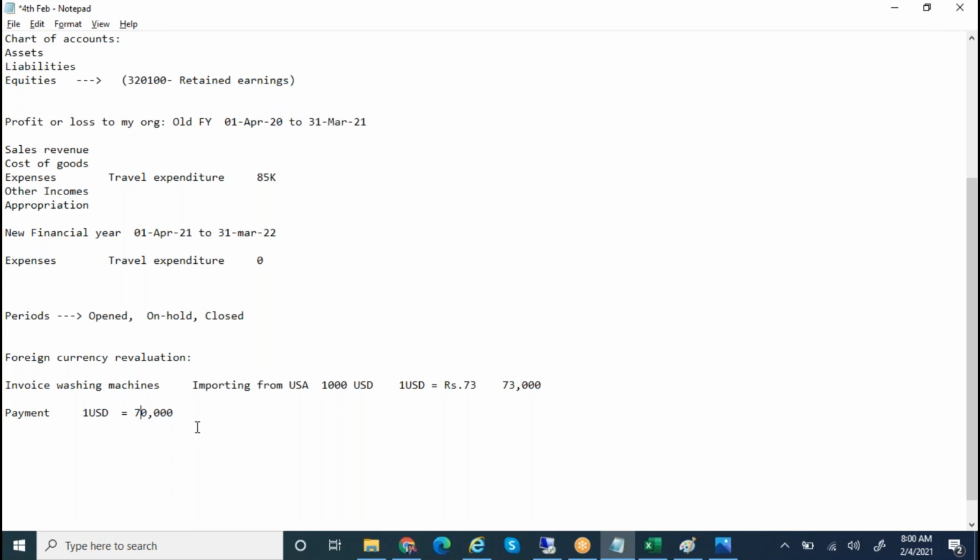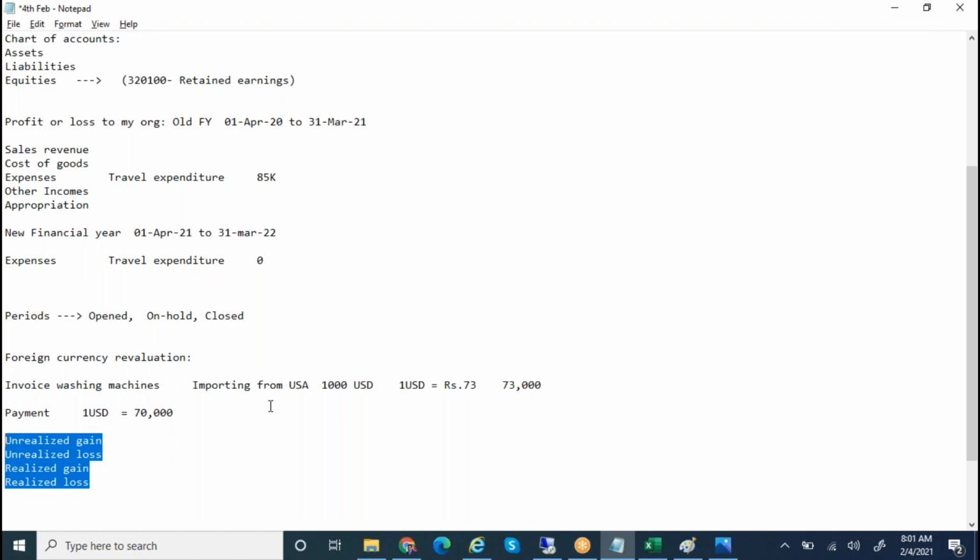So there are 4 terms in the system: realized gain, realized loss, unrealized gain, unrealized loss.